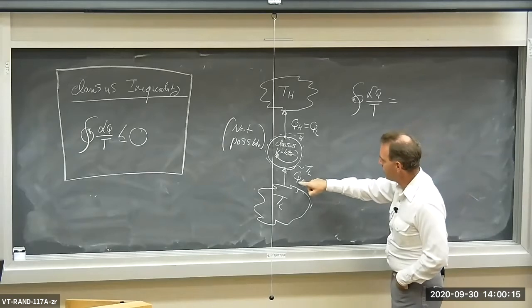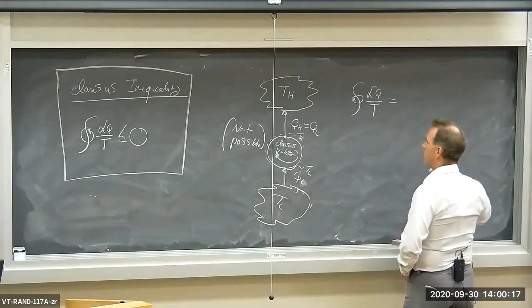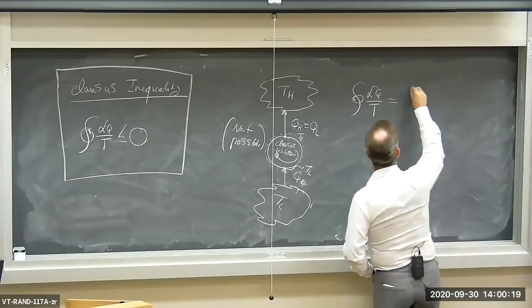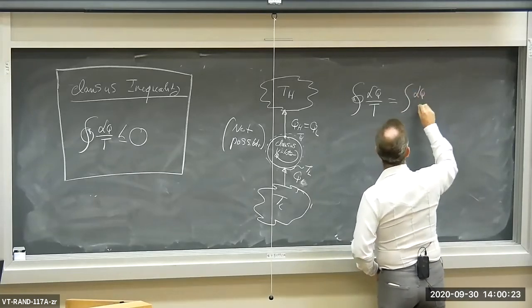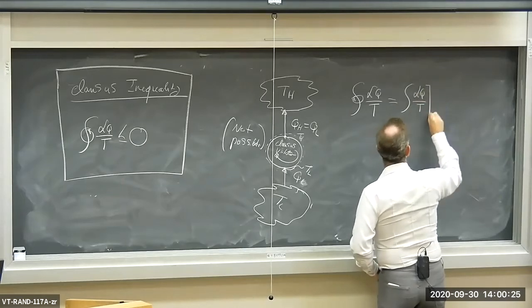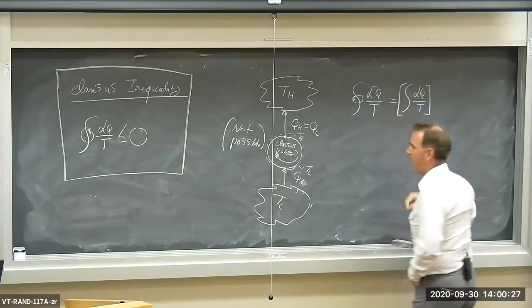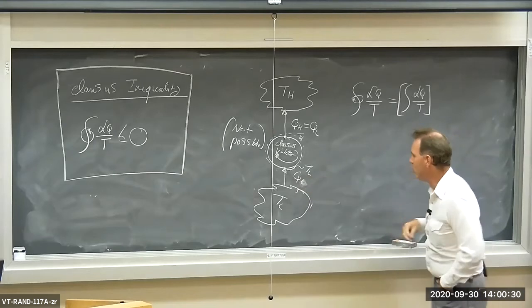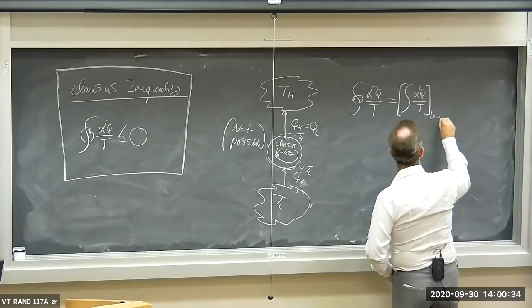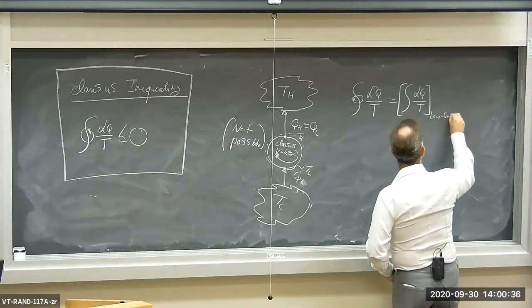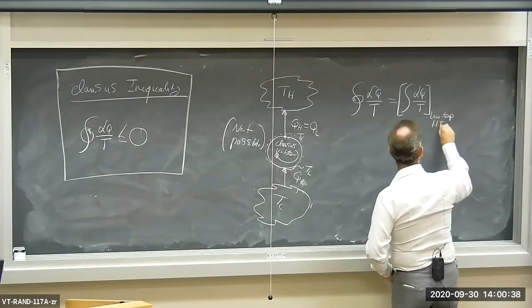So for the heat transfer from the low temperature reservoir, I'm going to break this integral up into two pieces. Del Q over T. The first piece is going to be evaluated for the heat transfer from the low temperature reservoir. So I'm going to write low temp heat transfer.